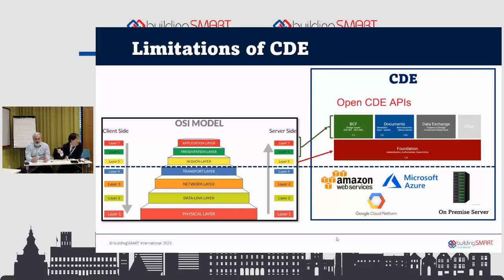So whether I can select this cloud server or not is a very difficult question to answer. So we don't want to think only about this portion.